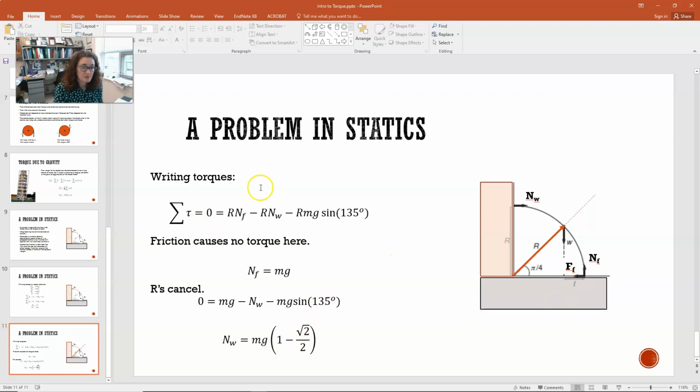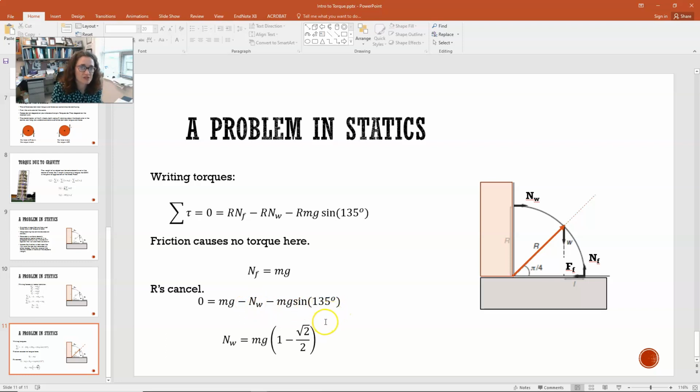So if we sum up the three torques that we do have, obeying superposition here, we've got 0 is equal to R times N_F minus R times N_W minus RMG times sine of 135 degrees. Now, in that expression, R appears in every term, and so I can cancel it out. So now I have 0 is equal to mg minus N_W minus mg sine of 135.